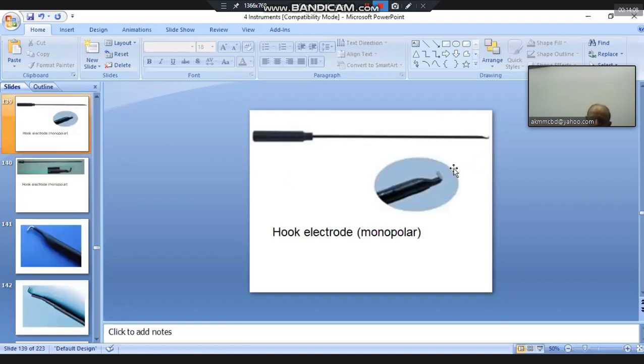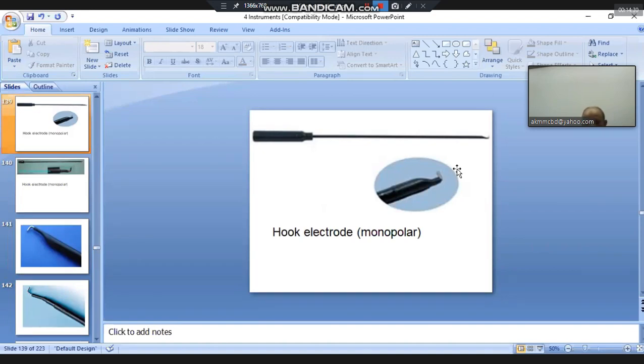And this instrument, you see the tip, and by seeing this, you can assume that this is a hook. This is a hook forceps or monopolar hook. Hook forceps, hook electrode, or diathermy hook, whatever you may say.